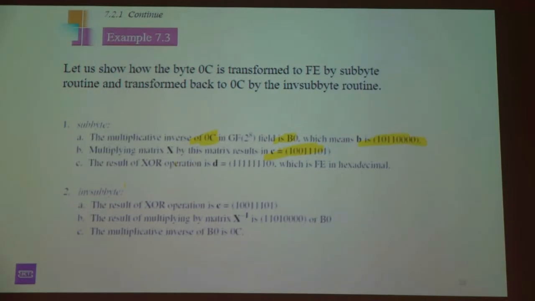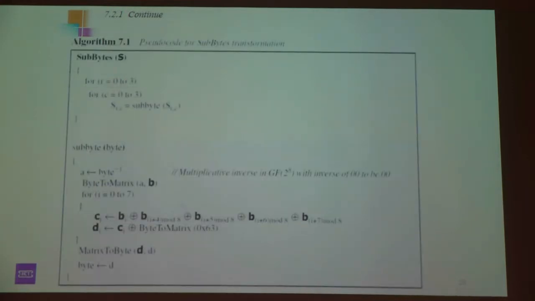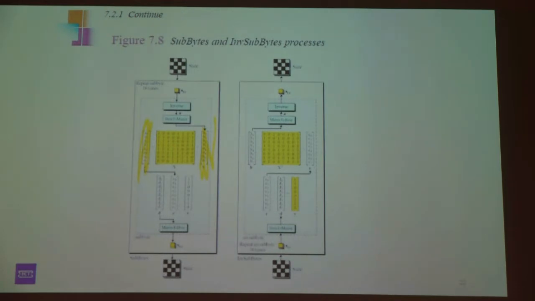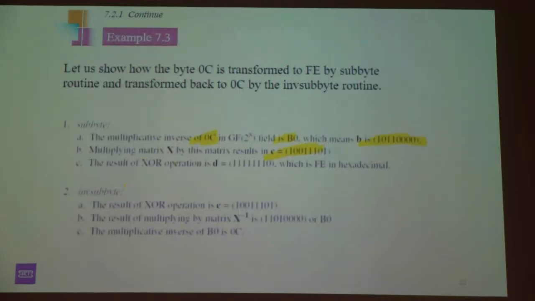Then after that, what we do, we XOR it with the Y, which is in here. That's the Y here. All right, and we're going to get the value of D, which is FE. All right. So that's basically how that table is built.